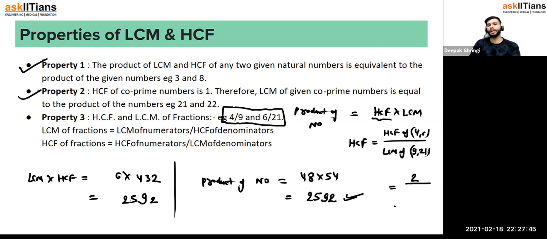And for 9 and 21, the LCM is 63. That is the HCF of 4 by 9 and 6 by 21. I hope it's clear to everyone. So to get the HCF: HCF of numerators divided by LCM of denominators. And to get the LCM: LCM of numerators divided by HCF of denominators. Whatever you are finding will come in the numerator part. That's it. Property number 3 done.